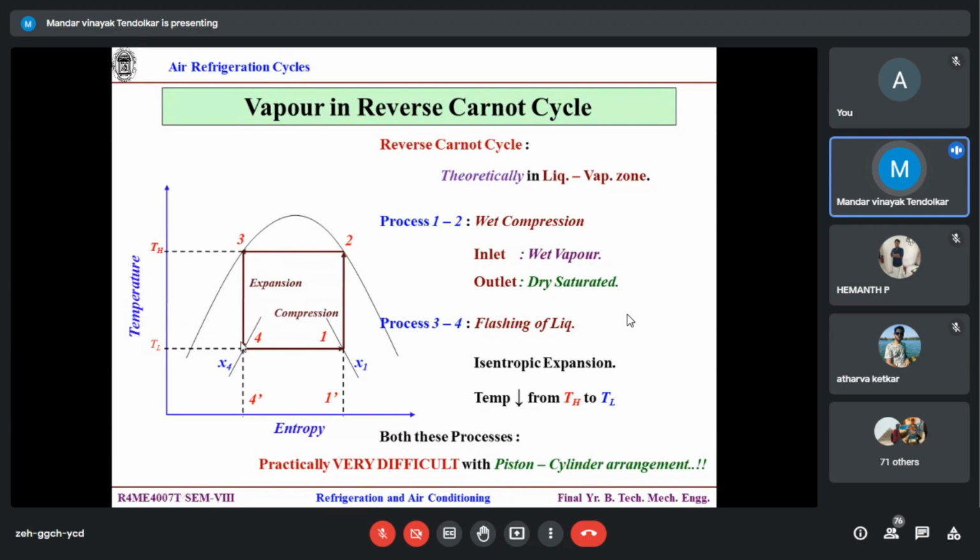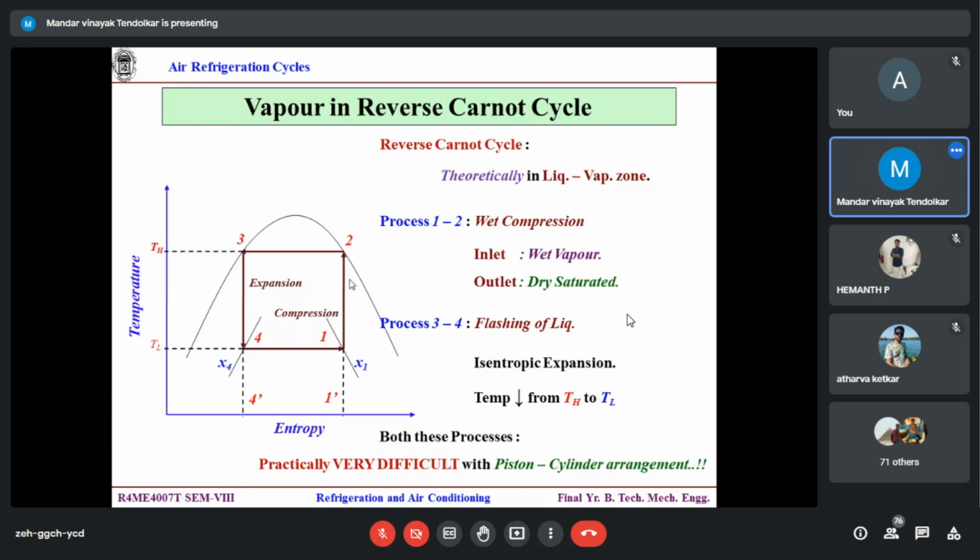I cannot say this is isentropic, but let us assume it. Because this is a liquid part, liquid expansion can never be isentropic. But let's see, somehow if I make it isentropic, then it would come to some particular dryness fraction again, and then there will be heat absorption. So this will be from low dryness fraction to high dryness fraction.